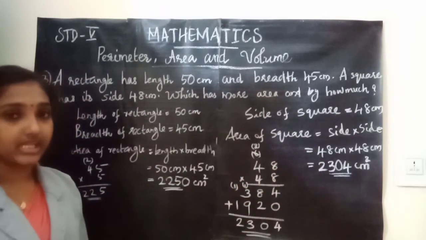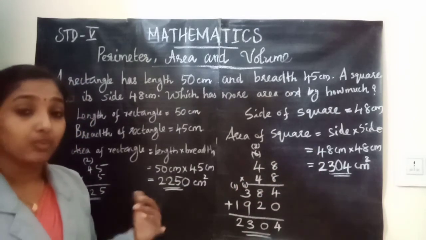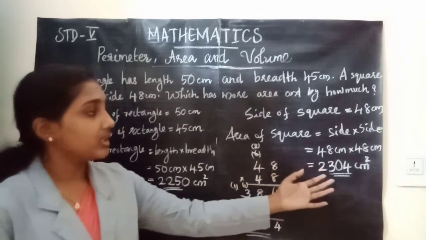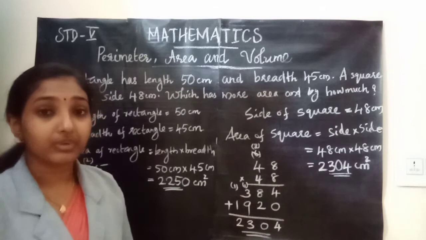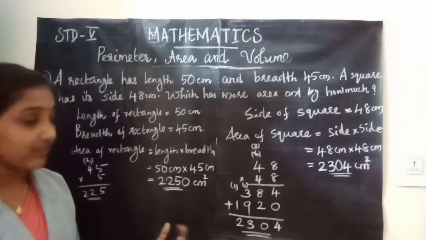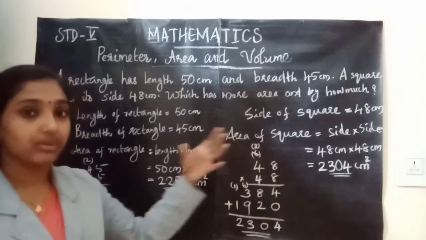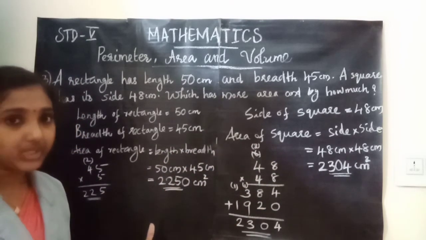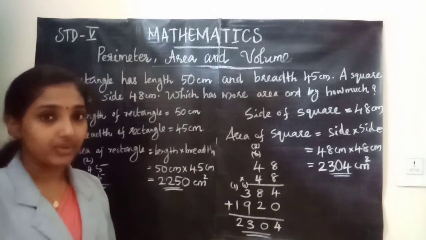To find that, we have to subtract the area of the rectangle from the area of the square, and find by how much the square has more area.